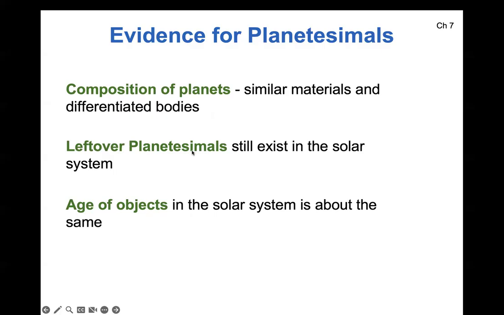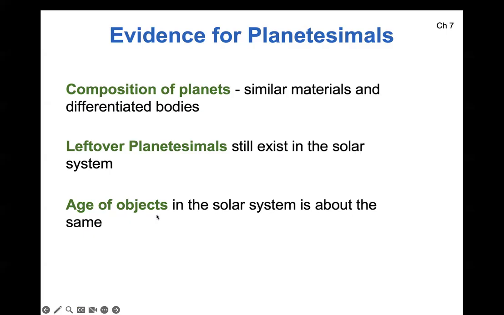We also have leftover planetesimals. That's what we think the dwarf planets are, and many of the moons are planetesimals that never clumped up with others and just got gravitationally flung far enough out to become a dwarf planet in the Kuiper Belt, or got captured by a fully formed planet to become a Jovian moon.